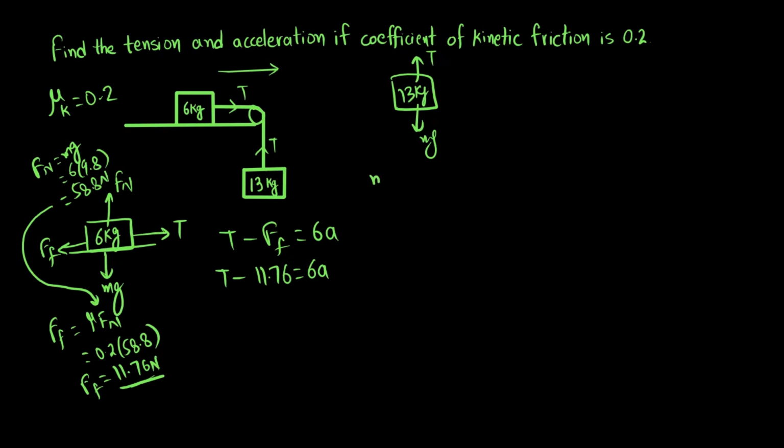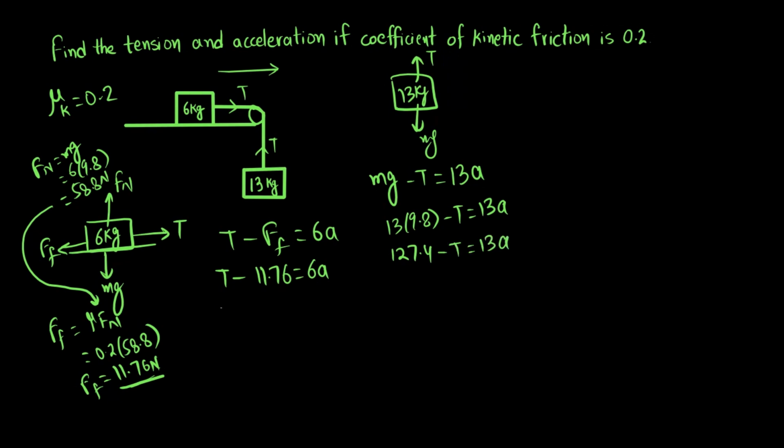So you do bigger force minus smaller force, that's the net force, equals mass times acceleration. Mass is 13, acceleration is a. mg would be 13 times 9.8 minus T equals 13a. 127.4 minus T equals 13a.